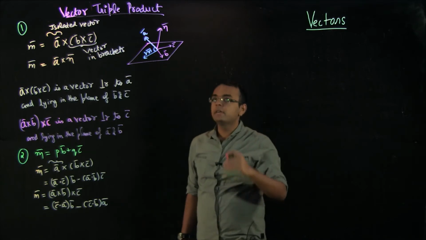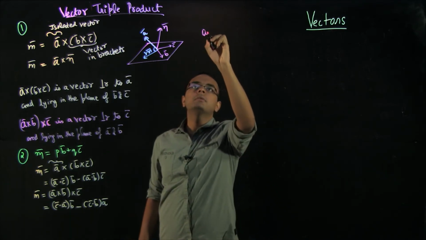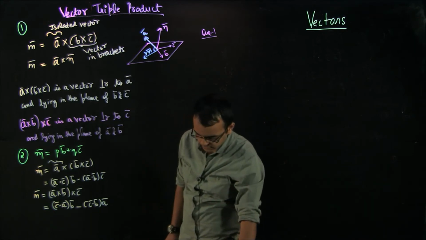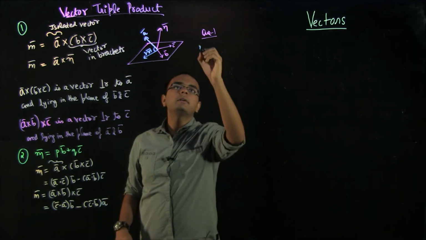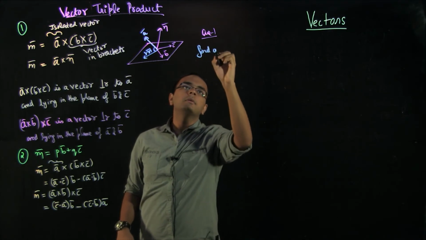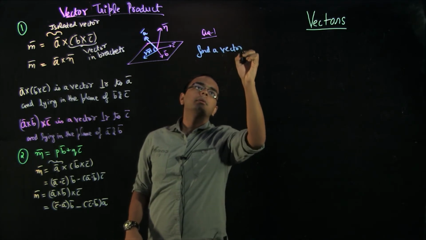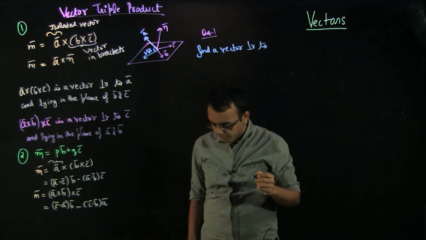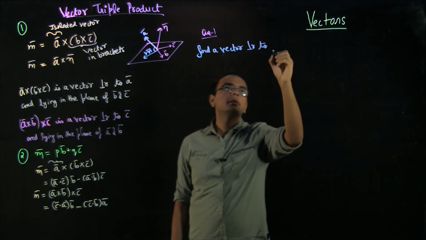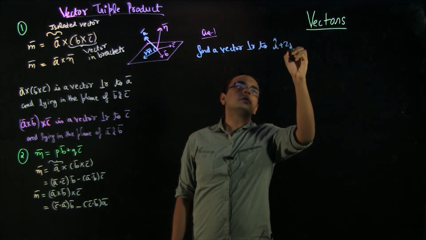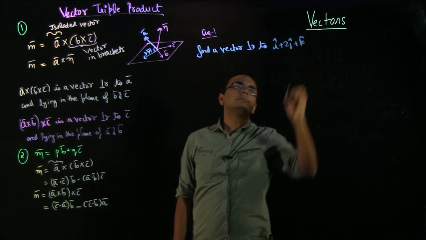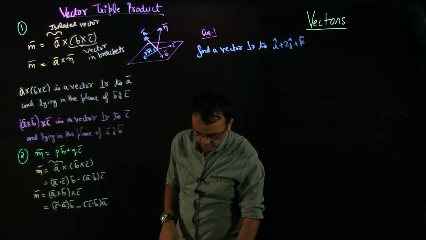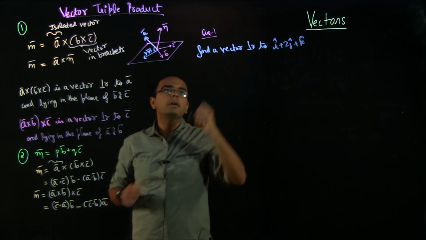Let us go into question 1. Find a vector perpendicular to i plus 2j plus k and coplanar with i plus j and 2i plus j.